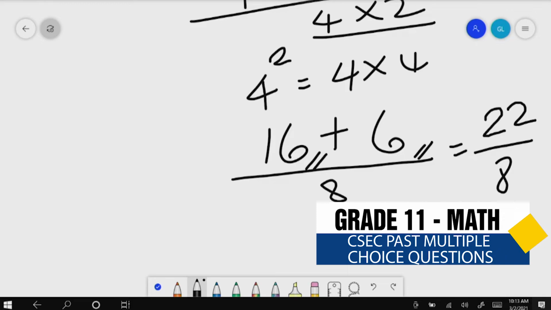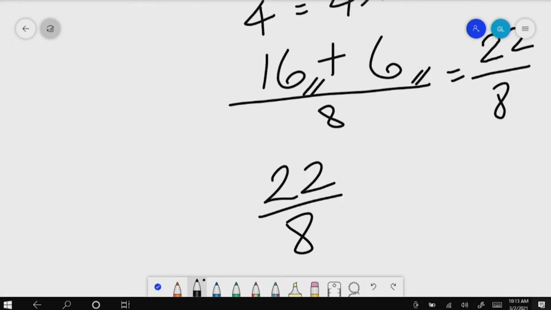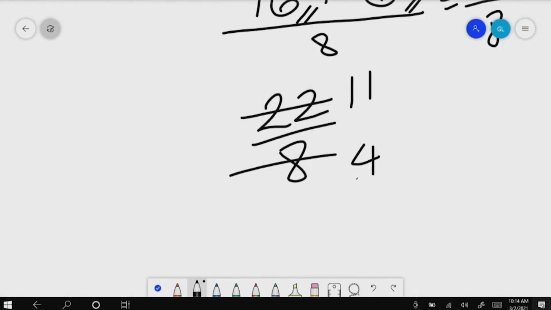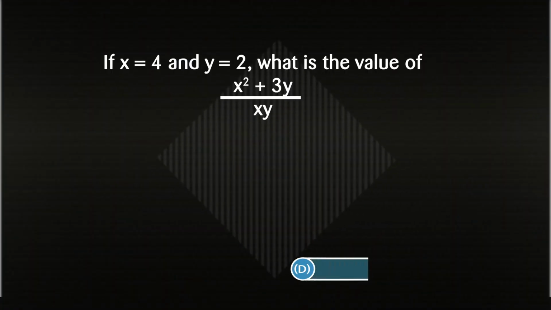In simplifying 22 upon 8, if we divide throughout by 2, 2 into 8, 4, 2 into 22, 11. 11 upon 4 written as a fractional term gives us 2 and 3 upon 4. So the solution is D, 2 and 3 upon 4.